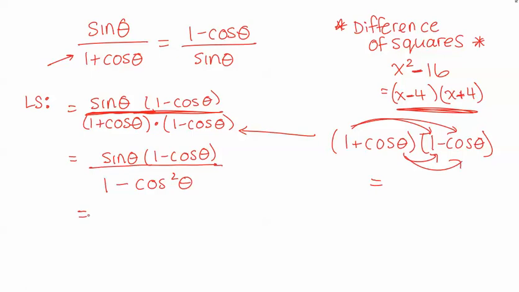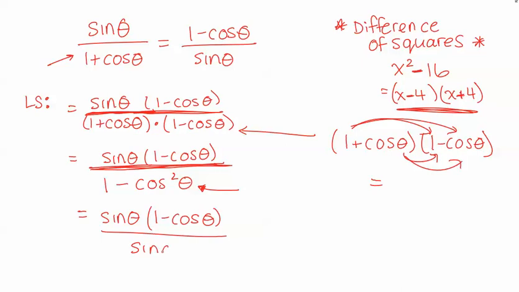Now using my Pythagorean identity, I can actually switch my denominator into something. So remember your Pythagorean identity says sine squared theta plus cos squared theta equals 1? And remember I was telling you if you rearrange those, you could isolate sine or cos. So it turns out 1 minus cos squared theta is actually just equal to sine squared theta.